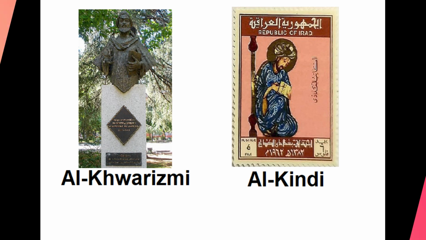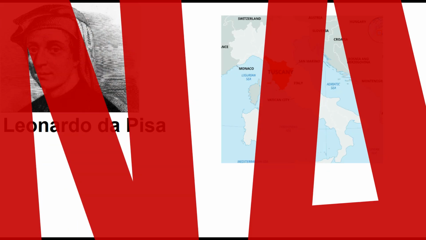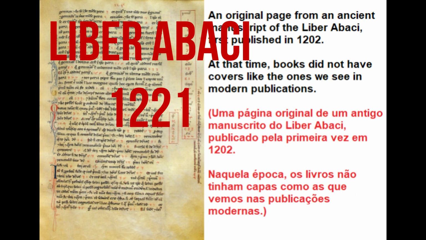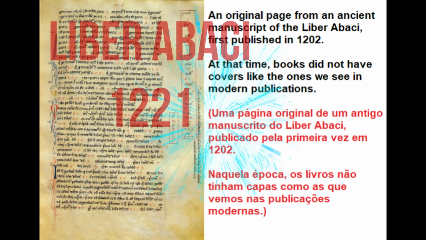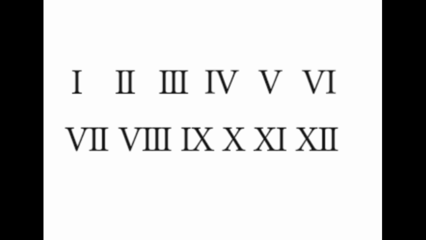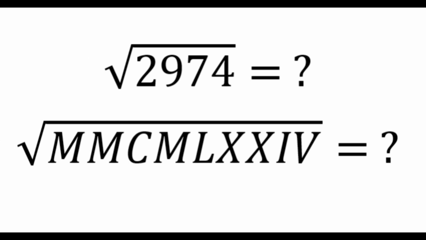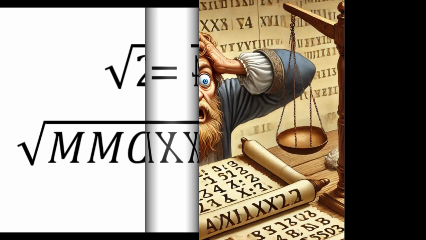Furthermore, we learned about the transformative work of Fibonacci, who, in the early 13th century, published a groundbreaking book that would forever change Western civilization, Liber Abaci, in 1221. Before Fibonacci's influential publication, Europeans primarily relied on the Roman numeral system, a system of historical significance but one fraught with limitations, particularly in mathematical applications.